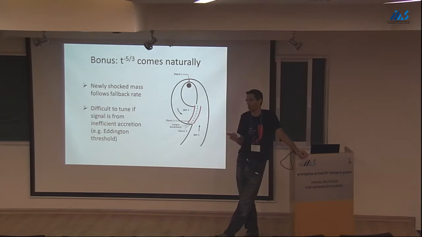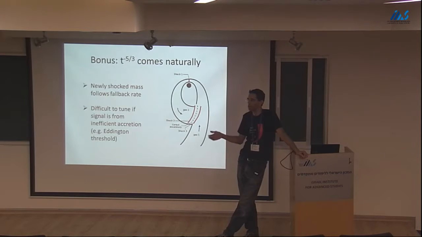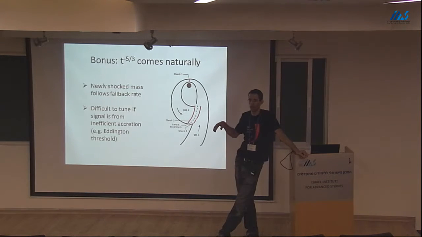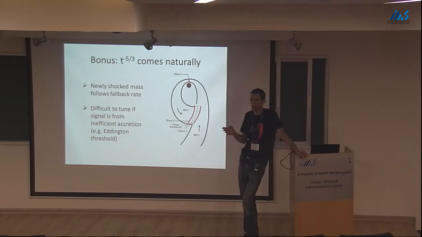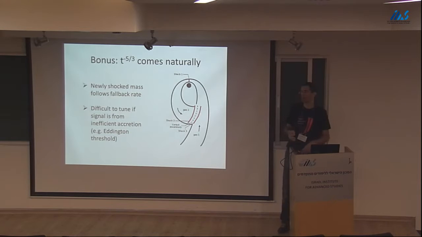Or if you take a mechanism with reprocessing, then there are so many proportions to keep in the way between the mass fallback rate and all the stages until you get some signal out of the reprocessing. And in the way, you have to ignore, or tune very well, many factors. So it's not really clear how you get a t^(-5/3) out of all this processing.